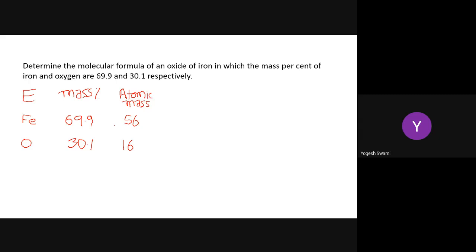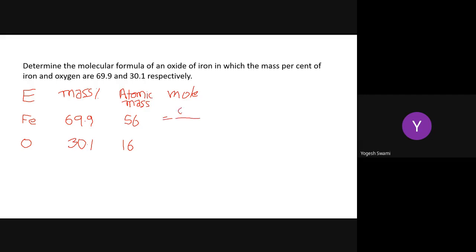Now with the help of these two pieces of information, let's forget the mass percentage given. We calculate it for 100. So that means this is 69.9 gram of iron and 30.1 gram of oxygen in the 100 gram compound. So first we find out the number of moles. The formula for the number of moles is mass in gram divided by atomic mass.